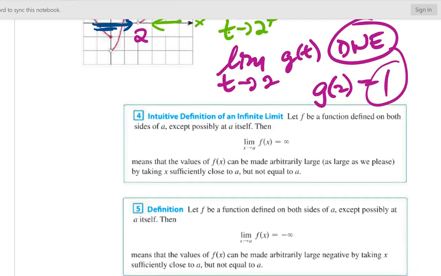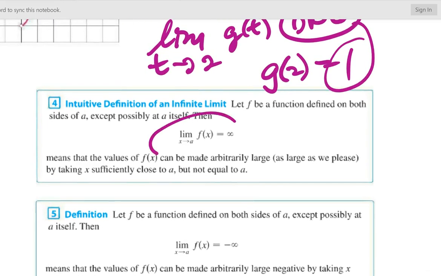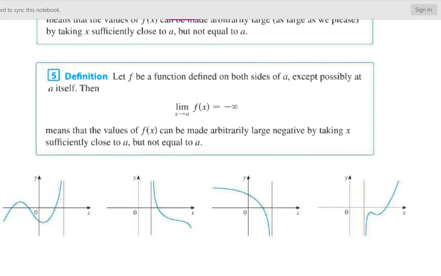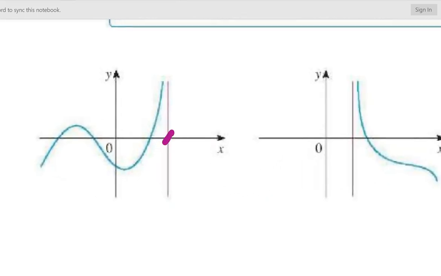All right. So now let's talk about an infinite limit. What's going on when f of x goes off to infinity as x goes to a? That's these graphs right here. So if this is a here, let me get a different pen. If this is a here, then the value of the function is going off to infinity.